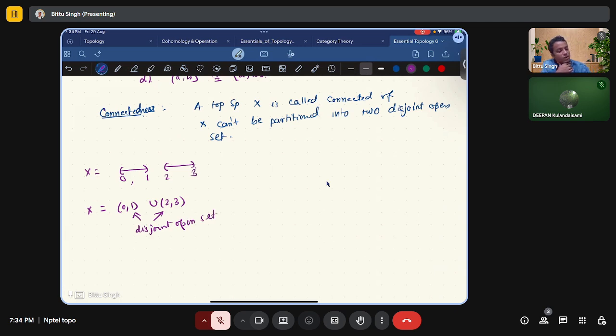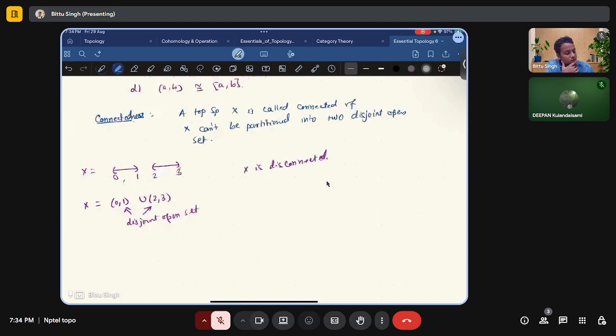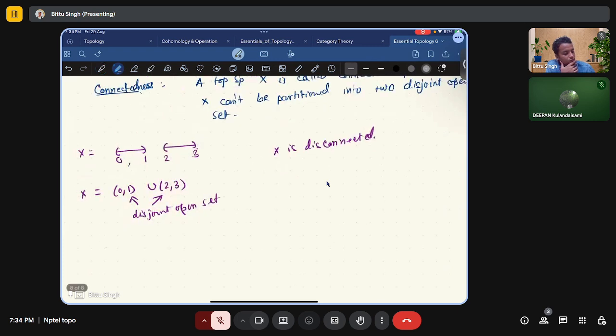As it seems from the picture, it is actually disconnected. Now what about this space? Y equal to (0, 1) disjoint union (1, 2).